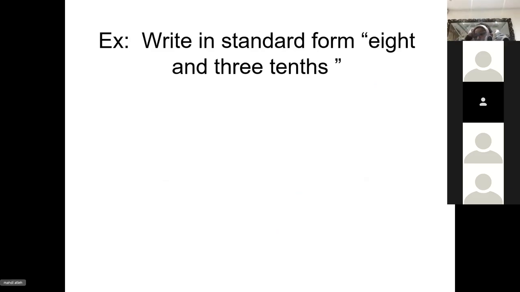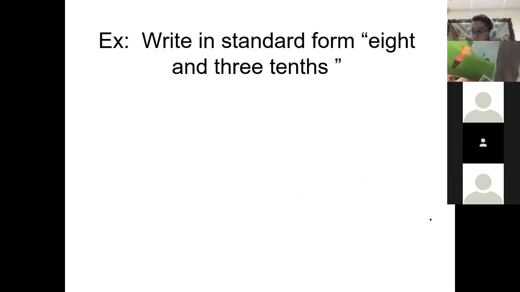Now the opposite. I gave you these numbers in letters. You want to tell me the decimal number. Teacher, can I do it? Wait. Let me ask Jawad Shibli. Are you listening, Jawad? Yes. 8 and 3 tenths. Do you know how do we write the decimal number? Yes. 8.3.